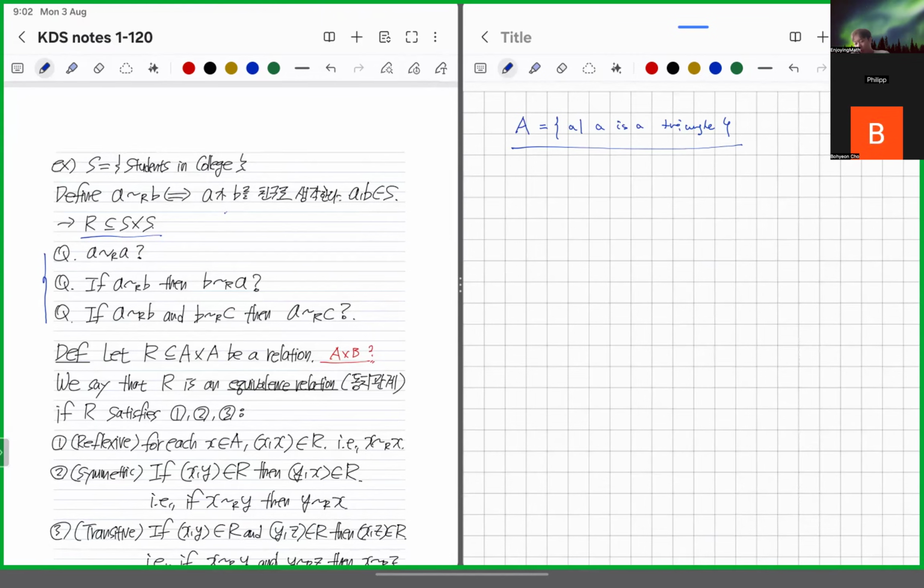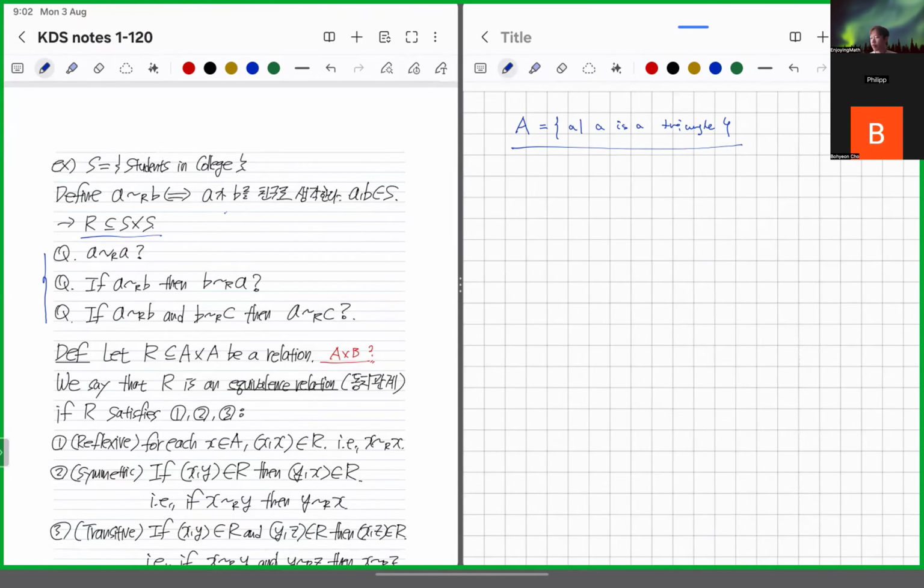So far we have defined the criterion for deciding if A is an element of this set or not. But so far we didn't define a relation, right? So far we only defined a criterion for deciding if an element is going to be part of the set or not.